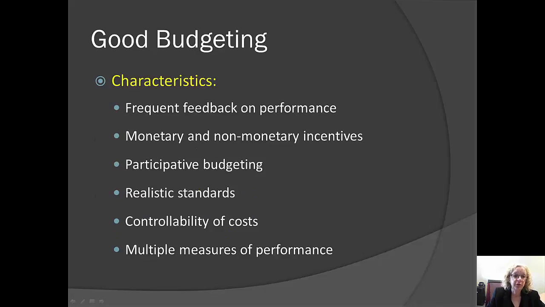So how do we know if we're doing a good job in our budgeting? Number one, it should give people feedback on their performance. In other words, the budget sets a benchmark, and then we can compare actual performance to that benchmark to determine whether people are doing what we expect and to determine whether our budgeting numbers are reasonable.